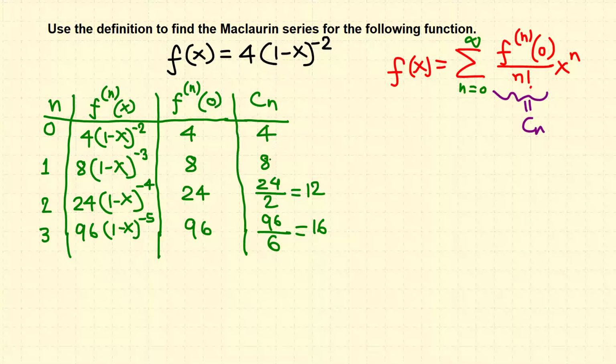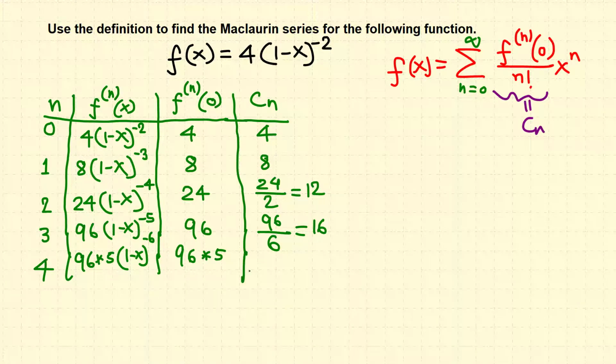Can you see the pattern? Maybe let's find one more and we will talk. This one, I don't even multiply. It's 96 times 5, (1 minus x) raised to negative 6. Plug in 0, that is 96 times 5.